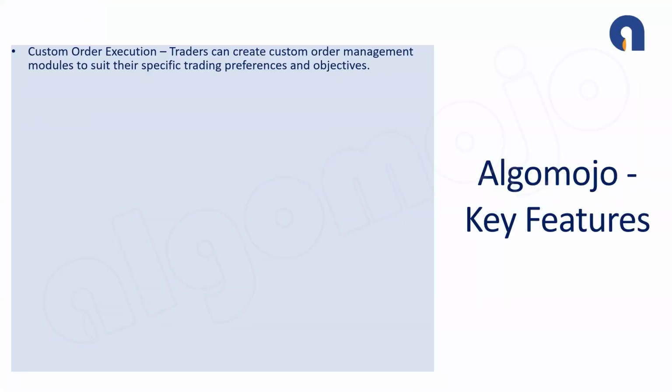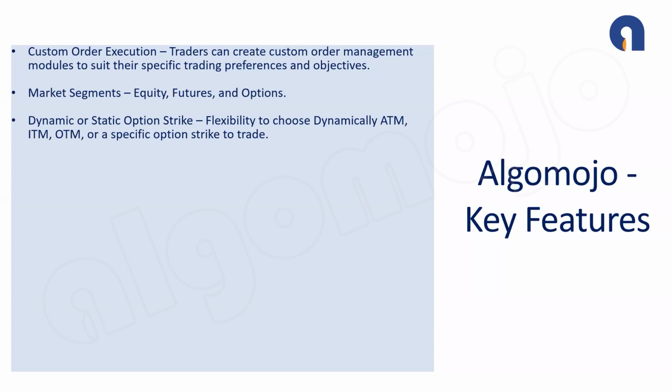Now, some of the key features would include that you can customize what it is that you want to trade. It is pretty flexible in that manner. You get a choice of trading either in equities or futures or options. And in options, you can do static options or even dynamic options. In dynamic options, you get to choose up to 20 strikes in the money and 20 strikes out of the money.